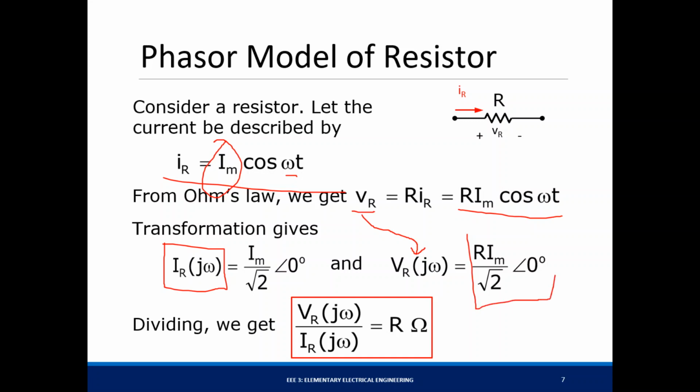By dividing V over I, we get the resistance of the resistor in phasor form, which is basically just its value in ohms, the SI unit for resistance. This is the phasor model of a resistor. So it doesn't change when we map it to phasor form.